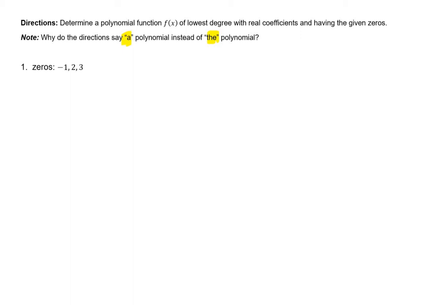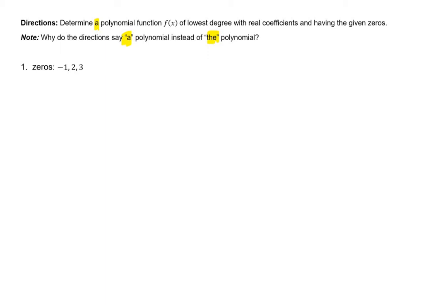So why am I saying to determine a polynomial and not the polynomial? So let's give you a minute to think about that. And it's because I can have a constant up front which will make the polynomial different, but it would still have the same zeros.